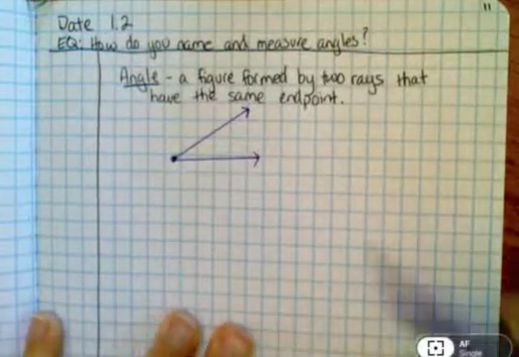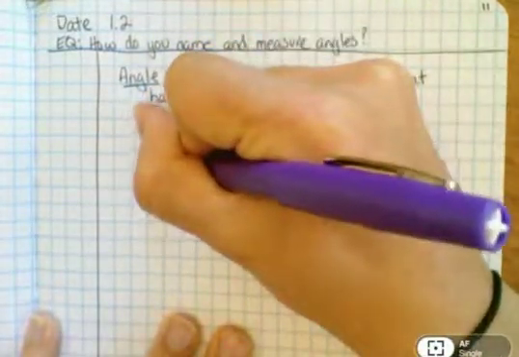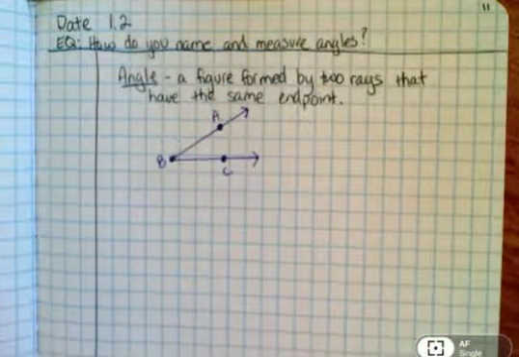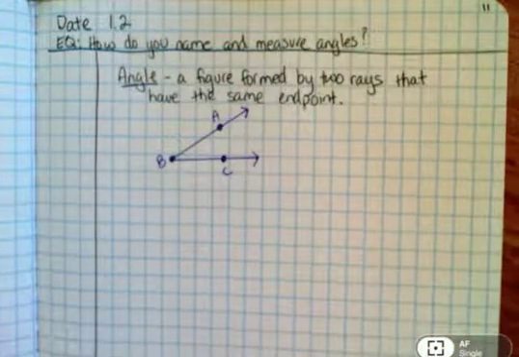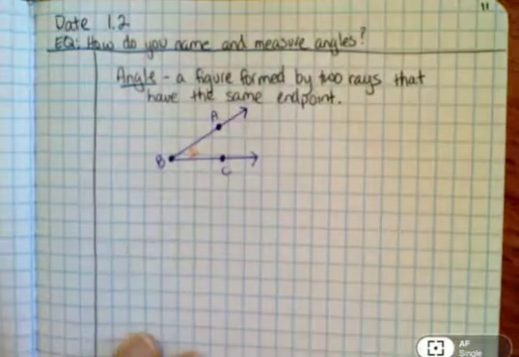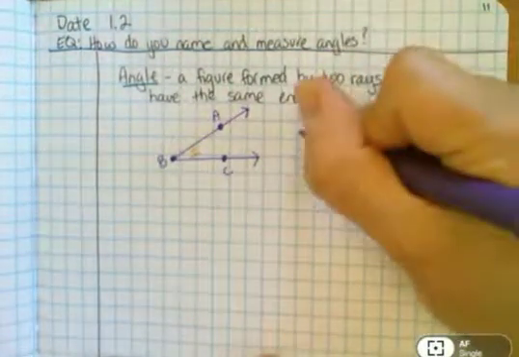Let's go ahead and do a little bit more labeling. We're going to put an A here, a B here. We'll put a point on this ray, point C. And I want to do a couple other things. Let's put a number in here just for fun, number 1. And I want to talk about how to name an angle.